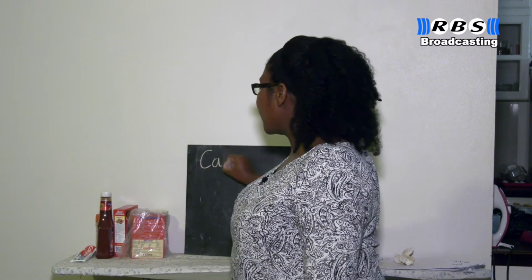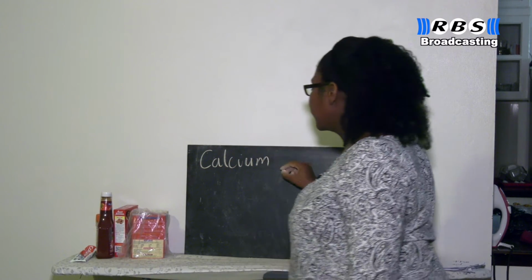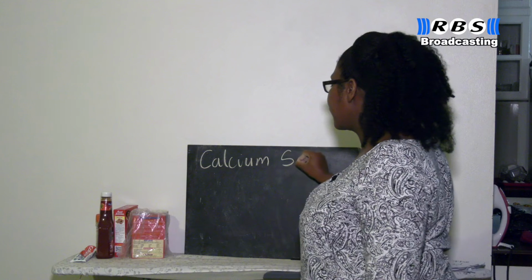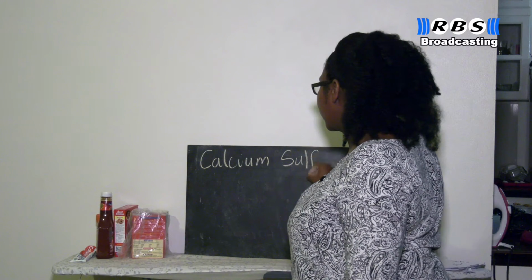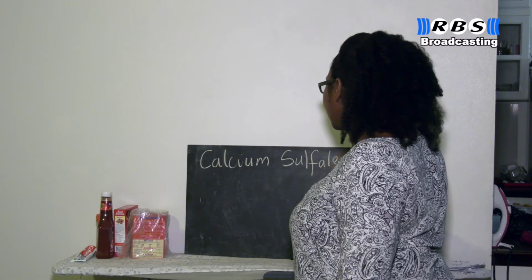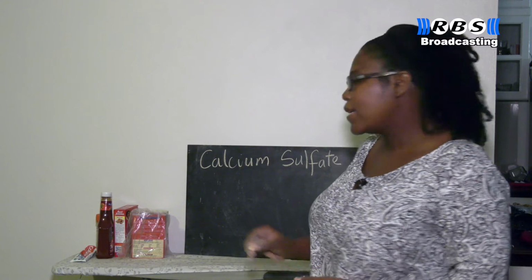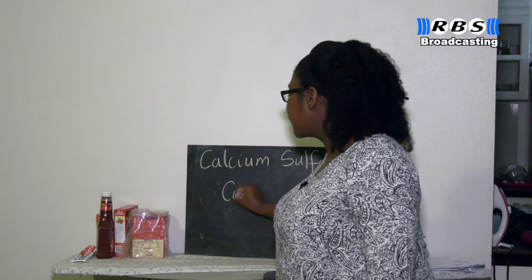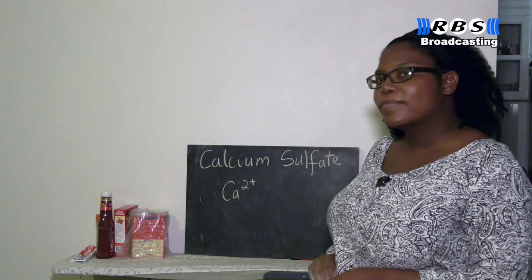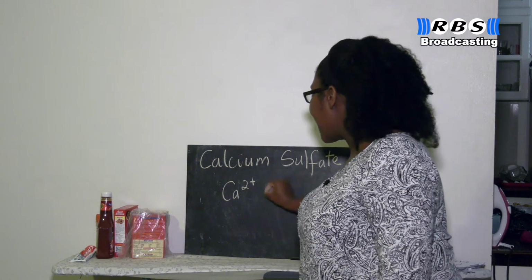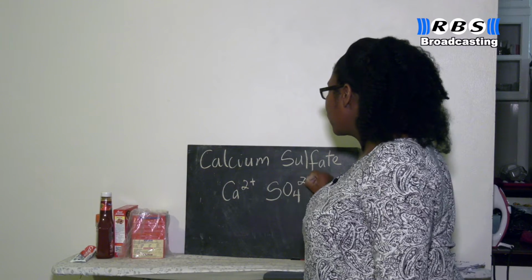Let's write the formula of calcium sulfate. The calcium ion is Ca2+. The sulfate ion is SO4 2-.